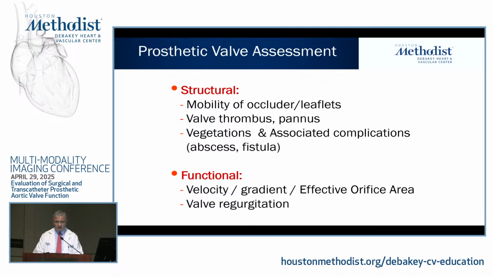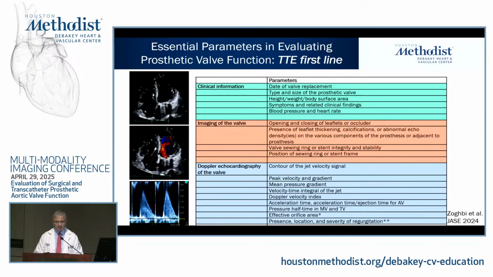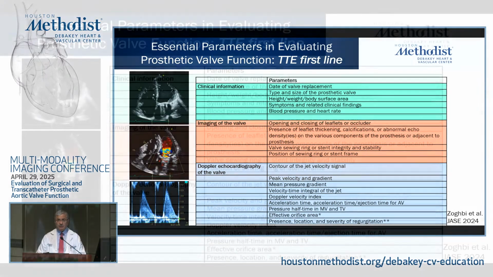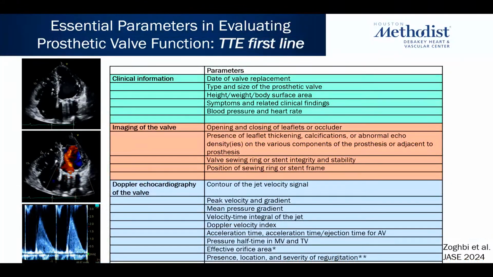And is there any valve regurgitation? Is this built-in regurgitation? Is this more significant, paravalvular, valvular, etc.? So I think these are the important situations that we will be dealing with. And you will be asked as an imager, what is the function and what is the structure like?